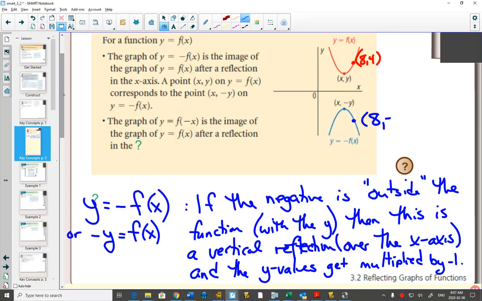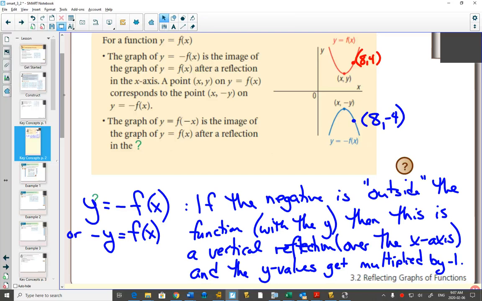The x is still 8, but now you have 8, -4. So we can find out what happens to the whole graph being reflected over the x-axis, but we can also think about a specific point: 8, 4 gets flipped down, it will become 8, -4. And all that's happening is your y values are getting multiplied by a -1.